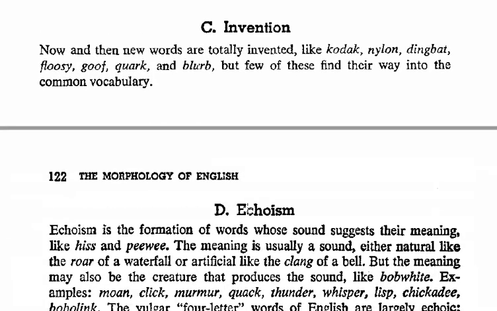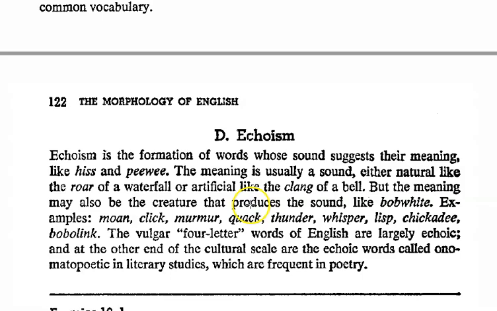All right. The fourth process is echoism. Echoism, from the word echo, sada, is to form new words based on the sounds. So the sound will eventually suggest the meaning of the word. Like when I say click, click, click, imagine the sound of clicking.